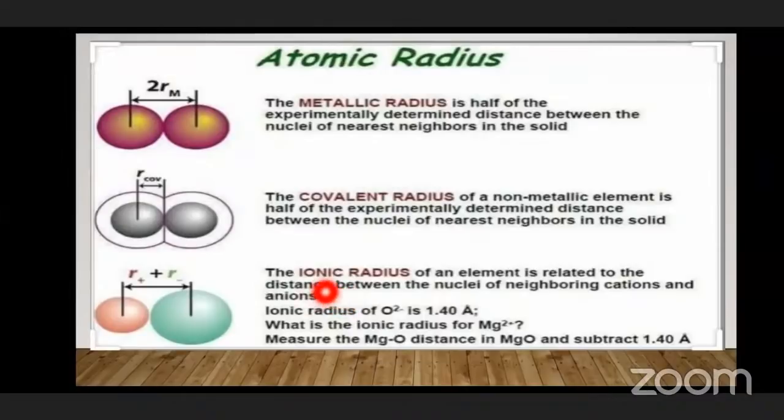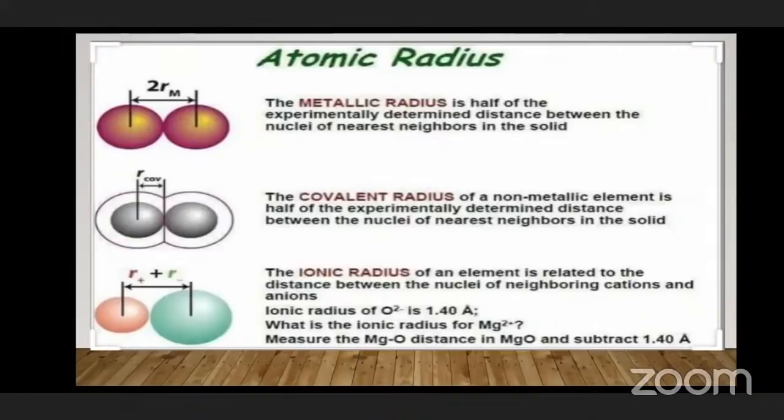So what he is saying: the ionic radius of an element is related to the distance between the nuclei of neighboring cations and anions. Children, everywhere else we have taken half of the distance, but here it is the distance between the nuclei of a neighboring cation and anion. There must be two ions, not atoms without charges.